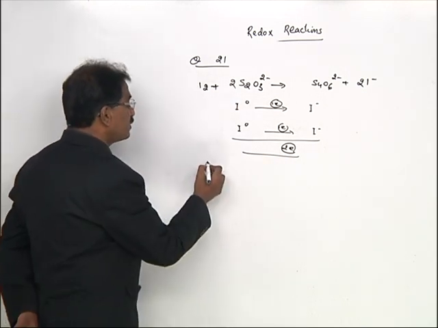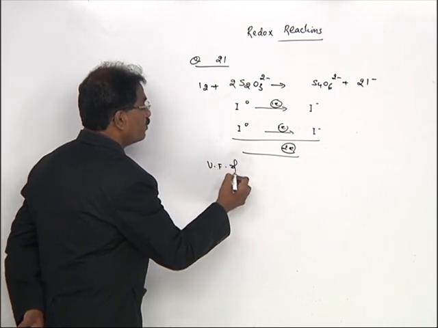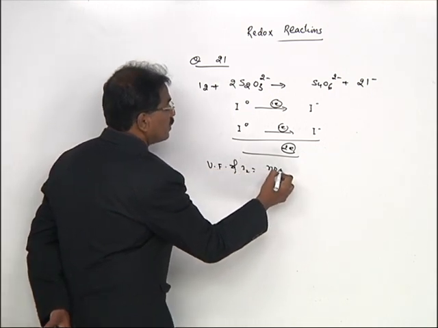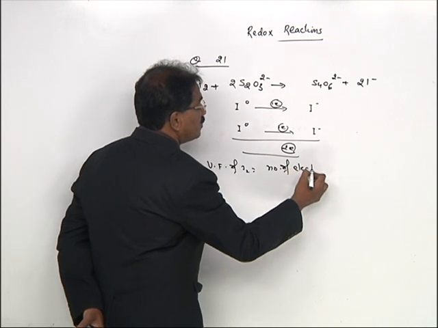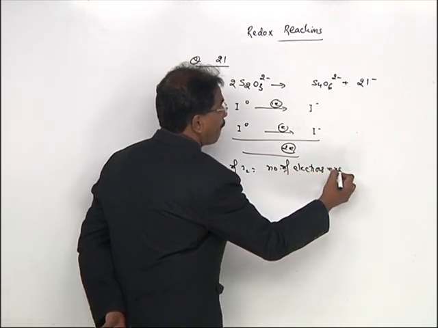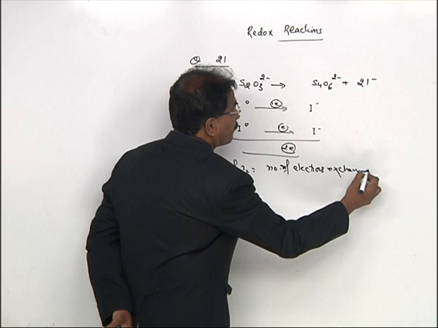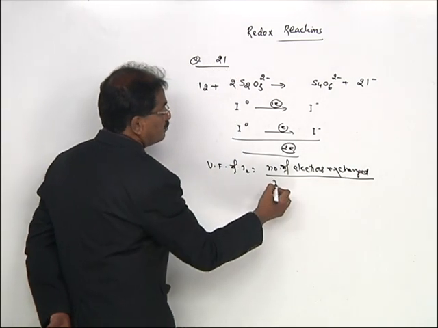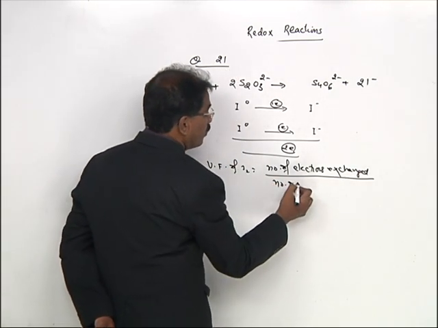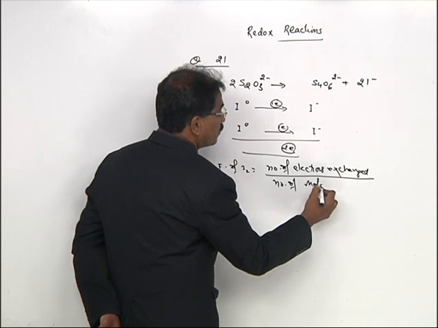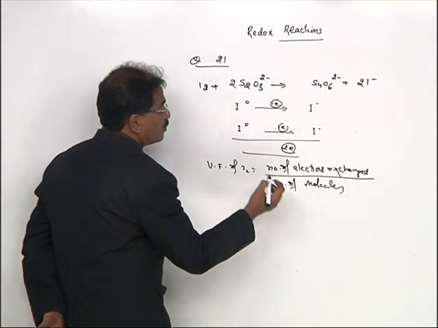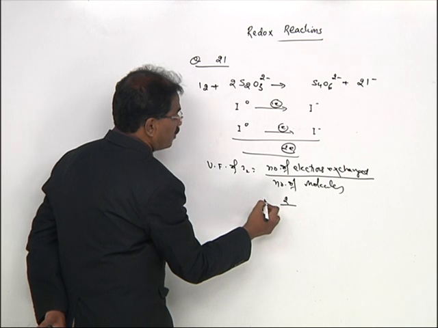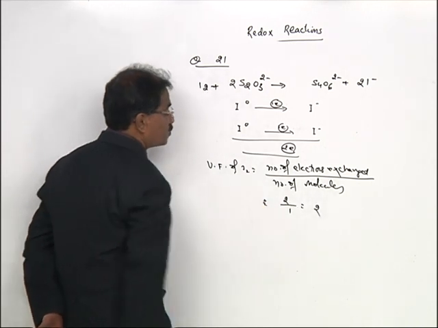Therefore, valence factor of iodine is the number of electrons exchanged by number of molecules. So, therefore, valence factor is 2.